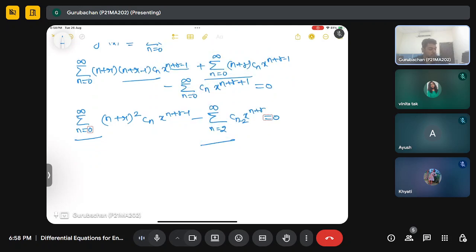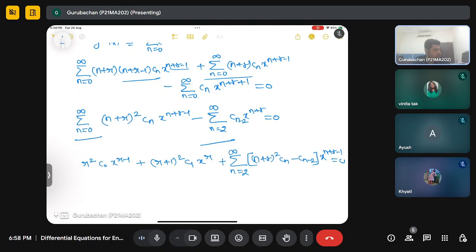First, n equal to 0 gives you r square c naught x to the power r minus 1, plus, next, n equal to 1 gives (r plus 1) square c1 x to the power r, plus the series from 2 to infinity, where you may combine (n plus r) whole square Cn minus Cn minus 2, times x to the power n plus r minus 1, equal to 0.